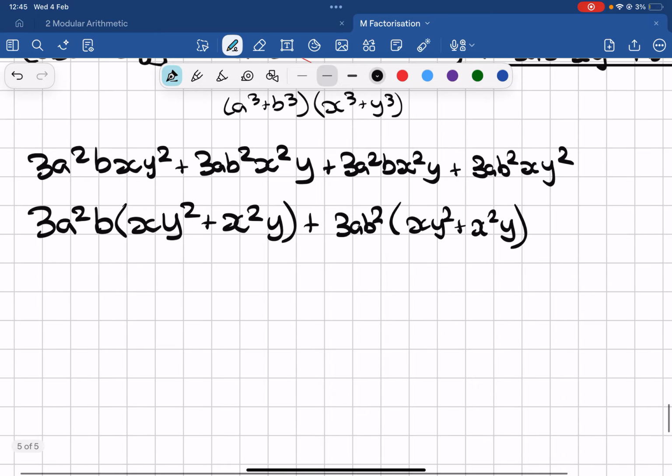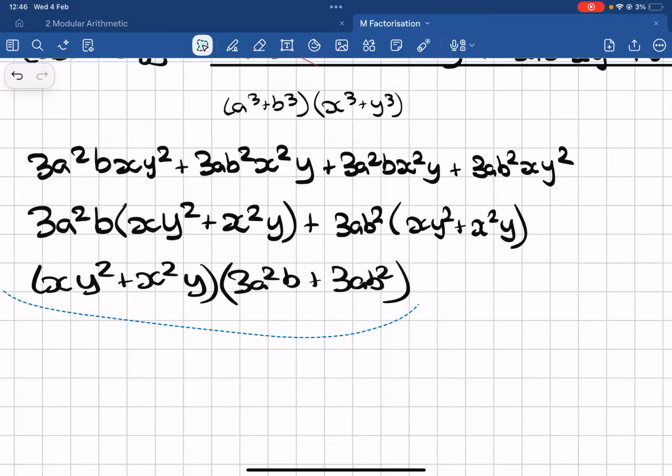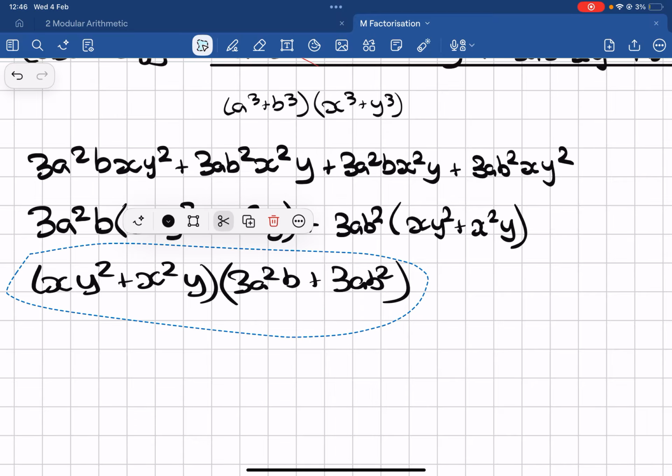What we can do now is group these two terms by factorising the bracket from both of them: (x y squared plus x squared y) times (3a squared b plus 3ab squared). Oof, that's looking a lot nicer now.